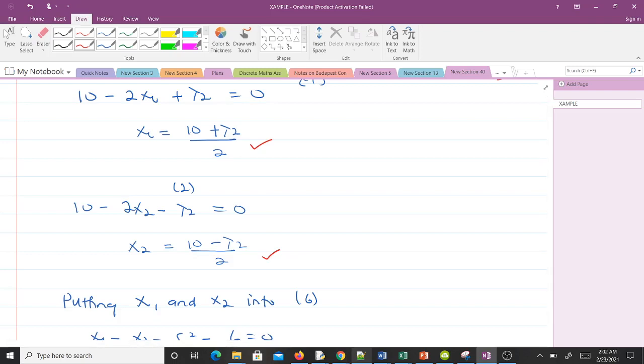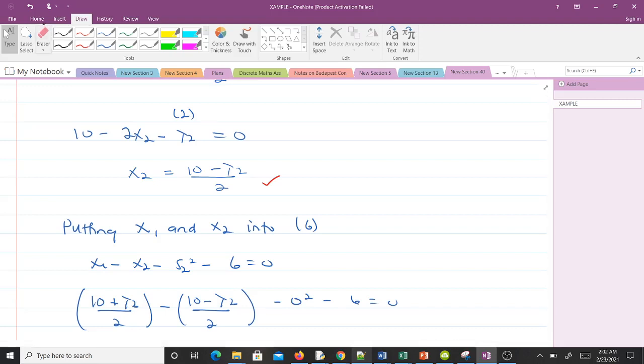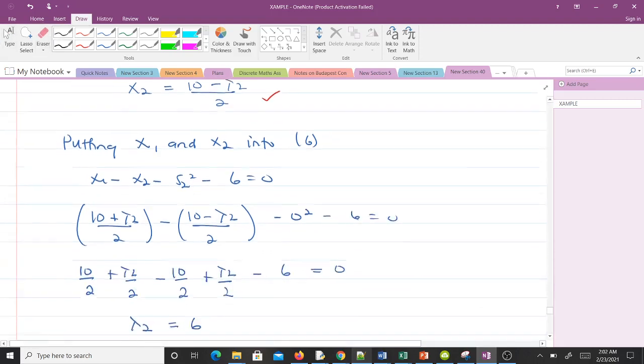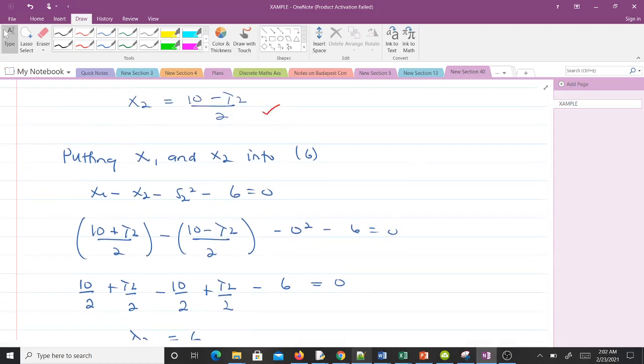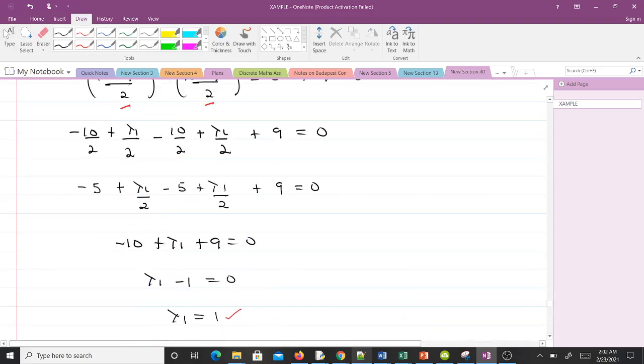So now putting x1 equals 10 plus lambda 2 over 2 and x2 equals 10 minus lambda 2 over 2 into equation 4. Let's look at that equation number.